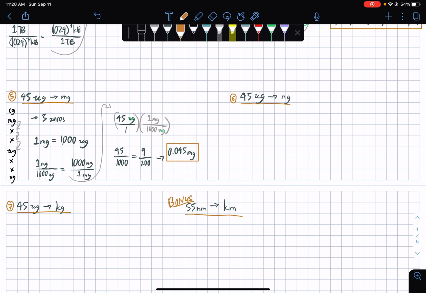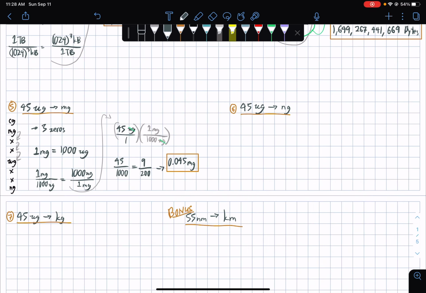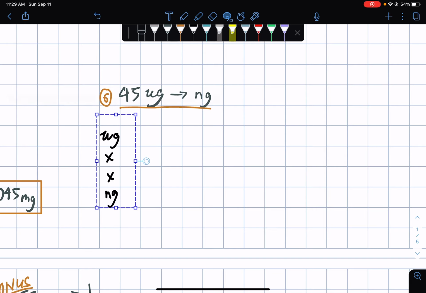Okay, let's move on to number 6. Okay, so 45 micrograms to nanogram. Comparing it to number 5, the same current value, but this time we'll find nanogram. So let's just copy the values here. Okay, from UG to NG, you don't need everything there, just this one.